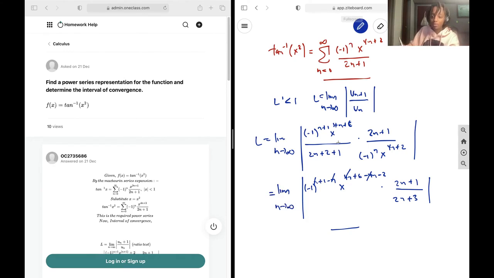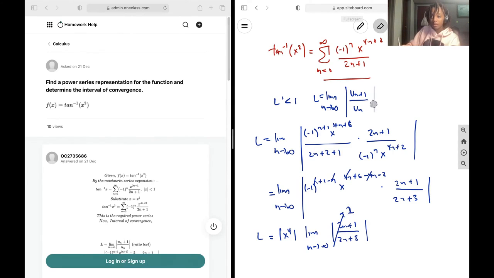And so we can just pull out the x to the power of 4, times the limit as n approaches infinity of 2n plus 1 over 2n plus 3, which of course cancels to become 1.